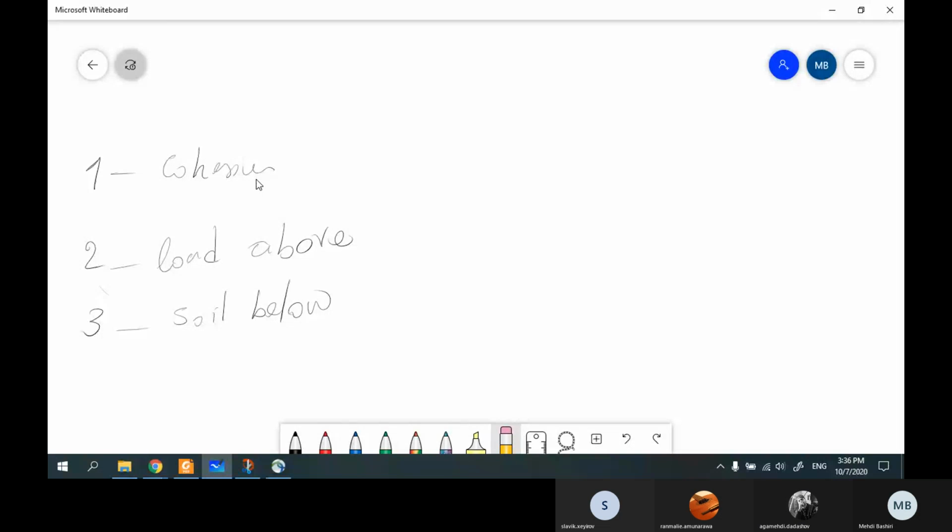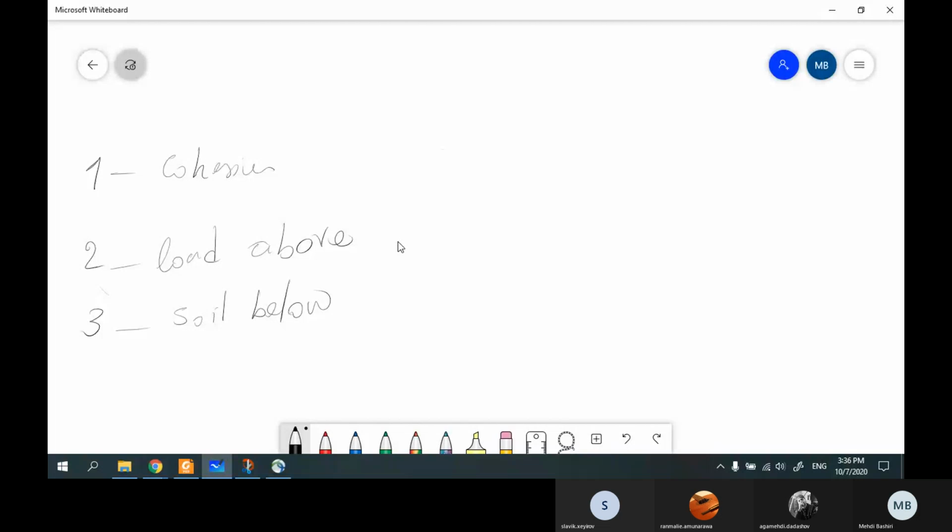We can define cohesion as the ability, or how the particles of soil stick together. For example, if you check the sand near the sea, you'll see that it's not cohesive. But if you check clay, you see that it's highly cohesive.